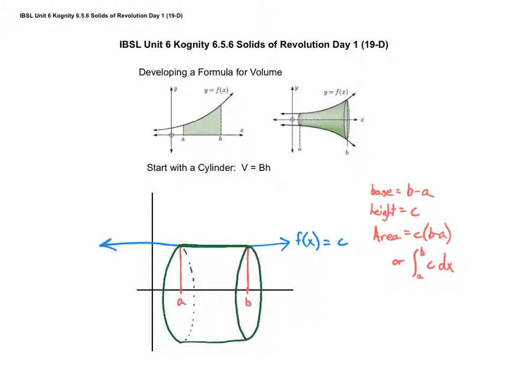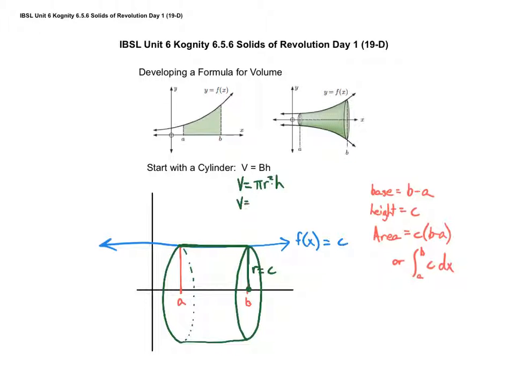Now, we know that the volume of the cylinder is the area of the base times the height. The area of the base is going to be pi r squared, right? Because it's a circle. So the radius here equals c, right? So pi r squared h.